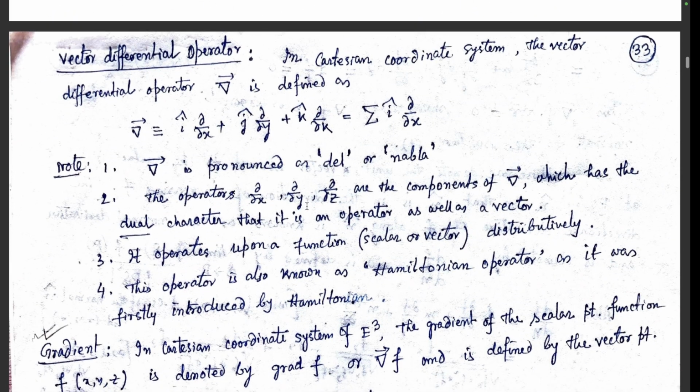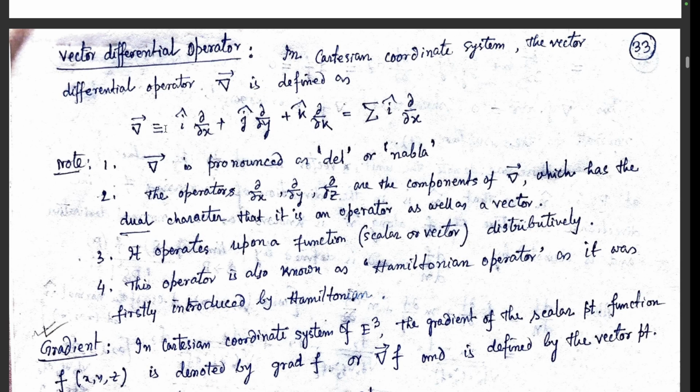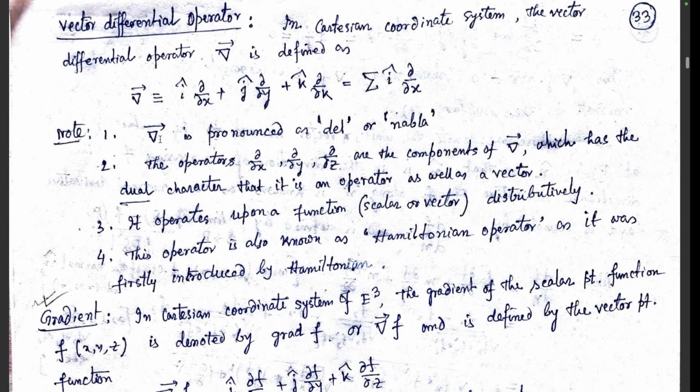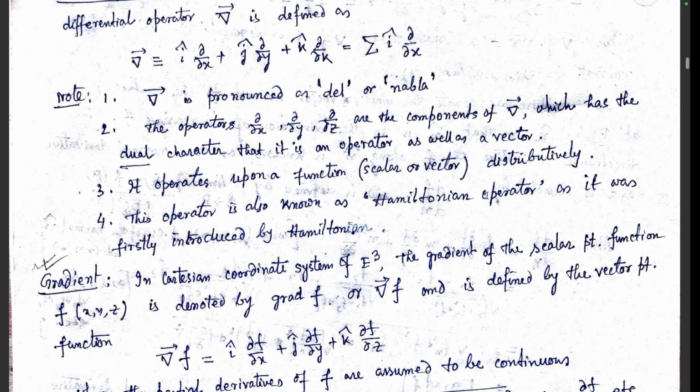Next, the vector differential operator grad: i cap del del x plus j cap del del y plus k cap del del z. This grad, or del vector, is pronounced as del or nabla. The operators del del x, del del y, del del z are the components of grad, which has a dual character: it is an operator as well as a vector.